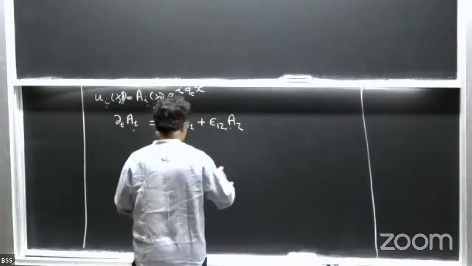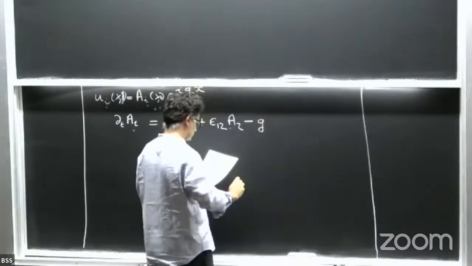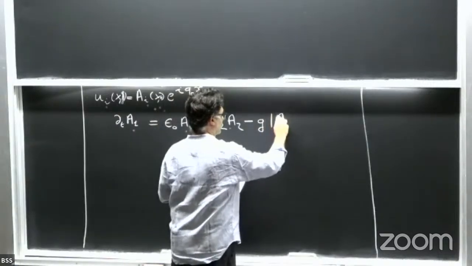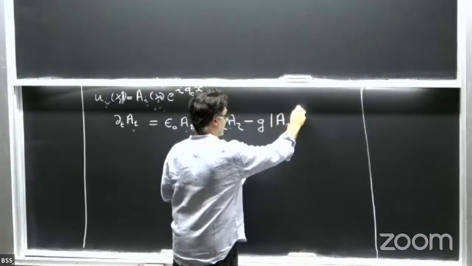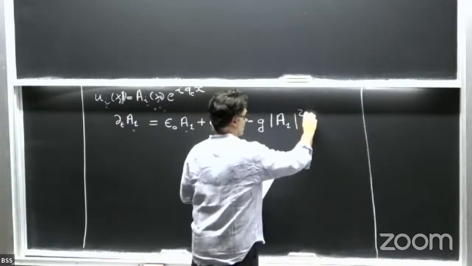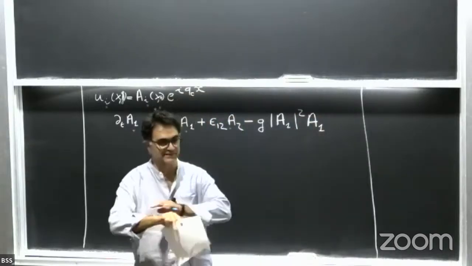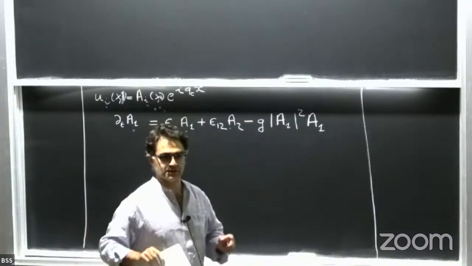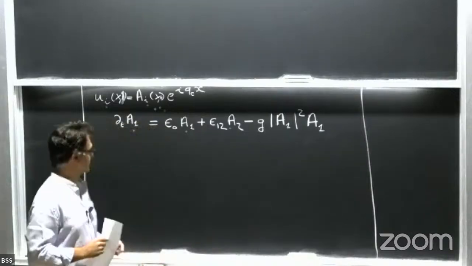And then there's going to be a nonlinear term. This nonlinear term is what remains of the cubic nonlinearity inherent in that system, which has this form. And there are no gradient terms because we decided to just consider the amplitude at the uniform level.